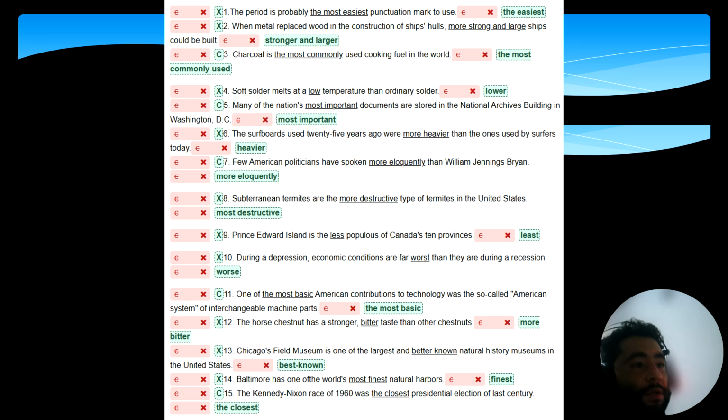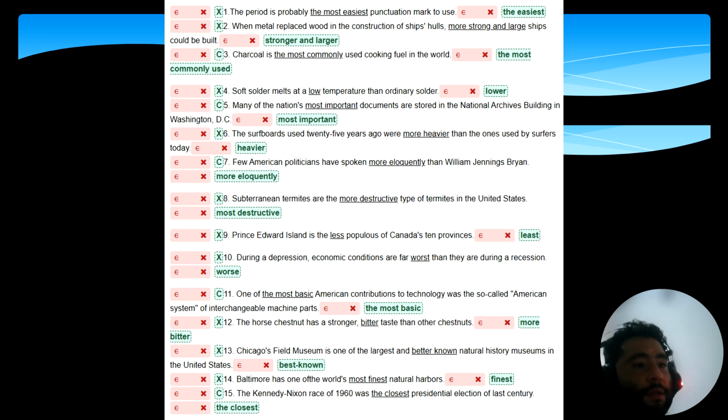Then we have number seven, that one was correct. More eloquently is okay. In the case of number eight, that one is incorrect. When we have a superlative, remember that we use the most in the case of long adjectives. So the most destructive. Number nine is incorrect as well.